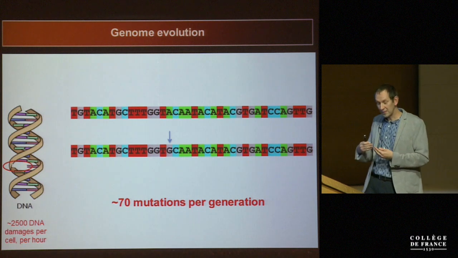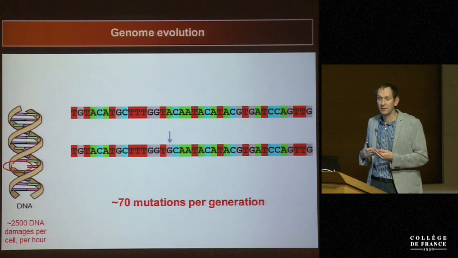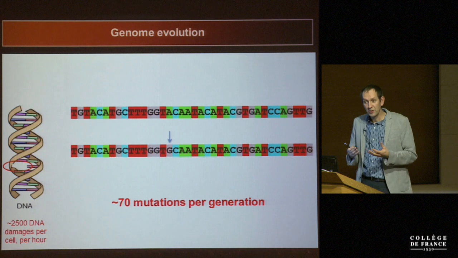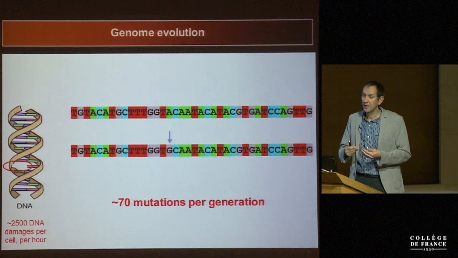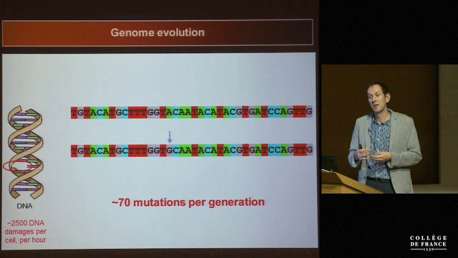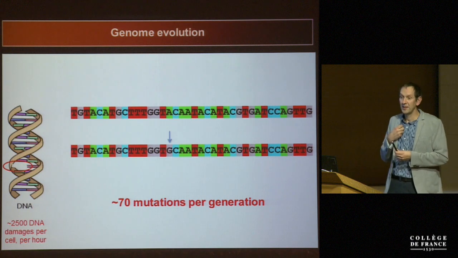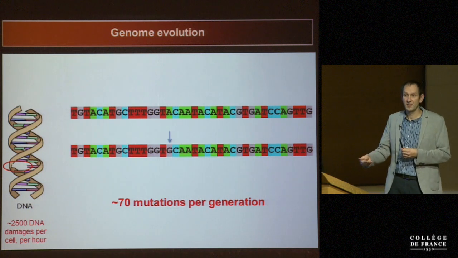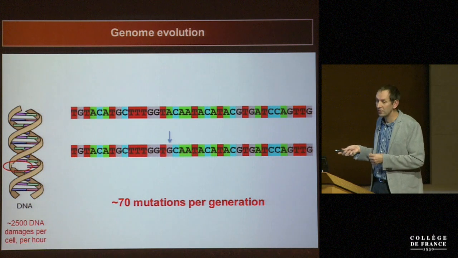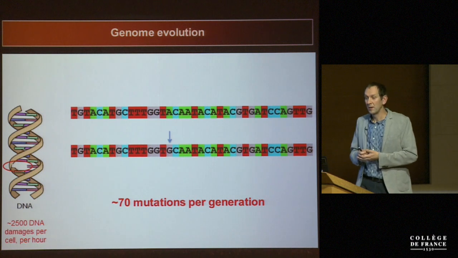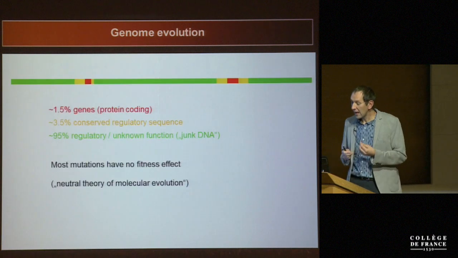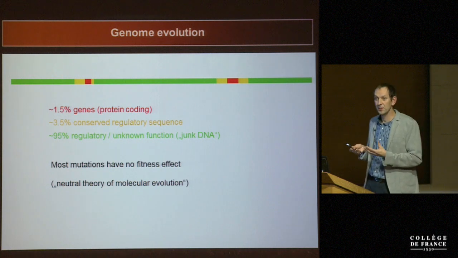Nonetheless, some of these damages are not repaired, and if they occur in sperm or egg cells, they are passed on to the next generation. So if I compare my DNA to the DNA of one of my kids, I would find about 50 to 100 differences. And then you can ask, where do these differences occur?